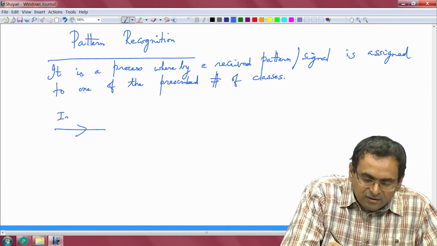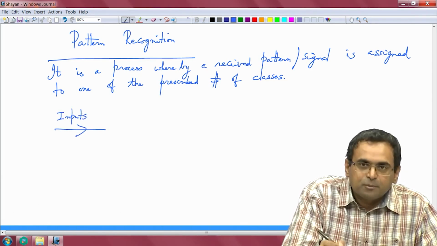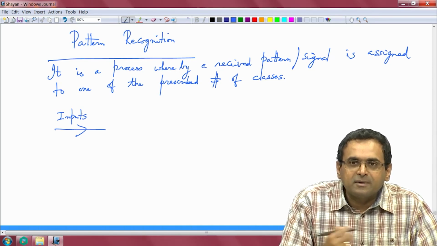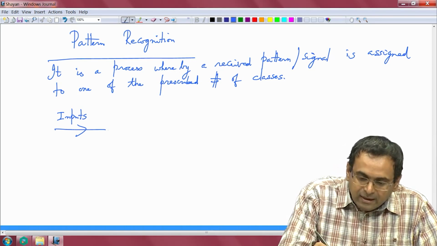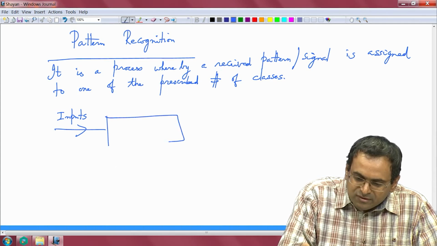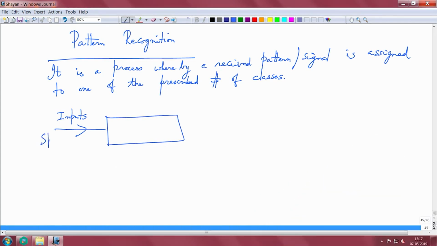First is what we have: inputs, right. Inputs are normally signals, right. This could be like speech, images, videos, etc. The first step is to extract the features out of these inputs, and this is called the feature extraction phase.